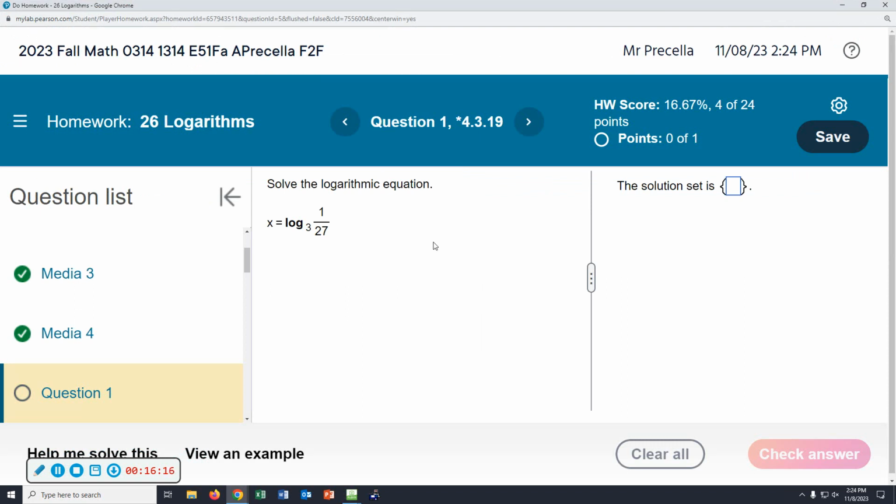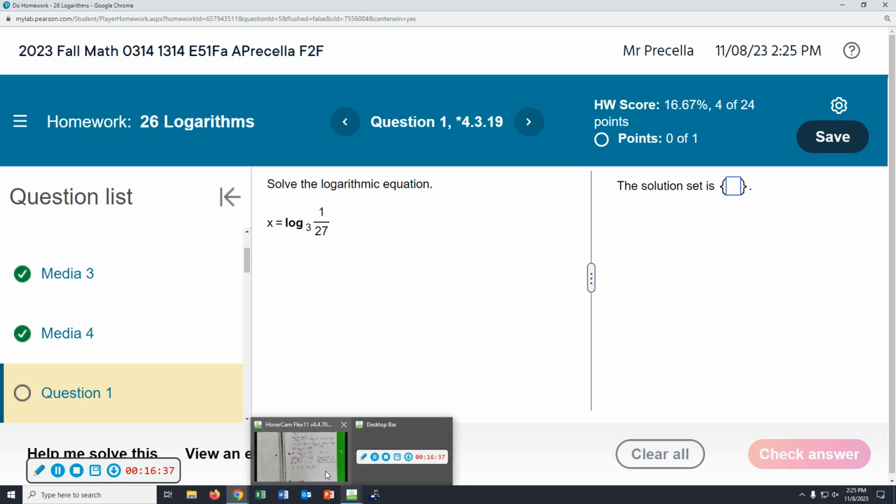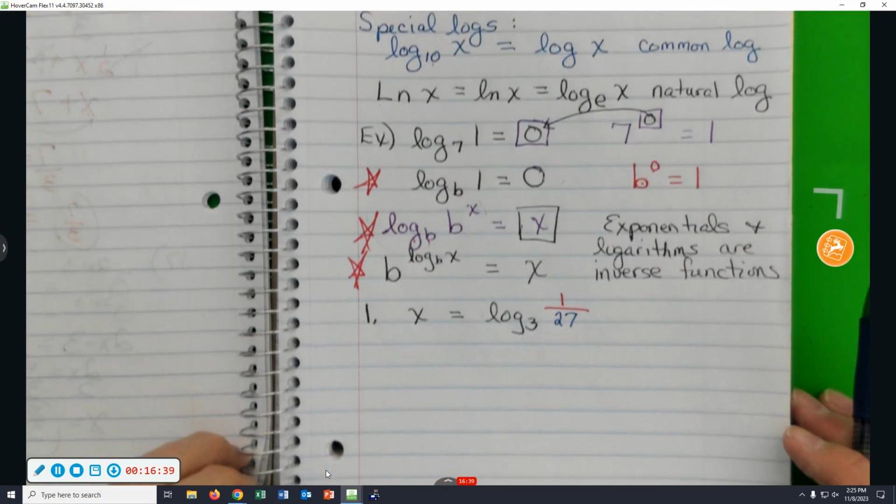It says, solve this logarithmic equation, x equals log base 3 of 1 over 27. I'm going to change up some colors here. When it says solve an equation, hopefully you've gotten the hang of this.